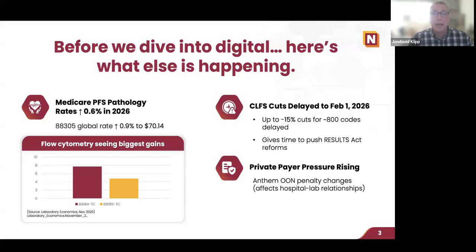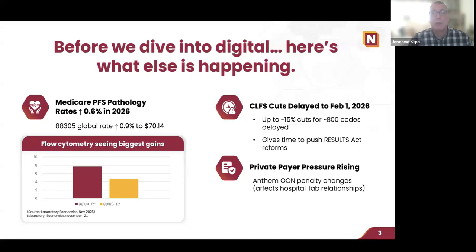That would delay those 15% rate cuts to the clinical lab fee schedule, give a longer-term delay, freezing rates for a few years, and also reorganize the way the information that labs have to report to CMS is used for determining future rates. So we should know the outcome of that by the end of January.